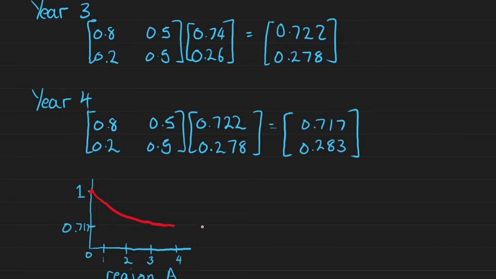So if we go year 5, year 6, year 7, year 8, and so on, it would just approach that constant value. So that means that what is happening is that that constant value is approaching some kind of steady state.